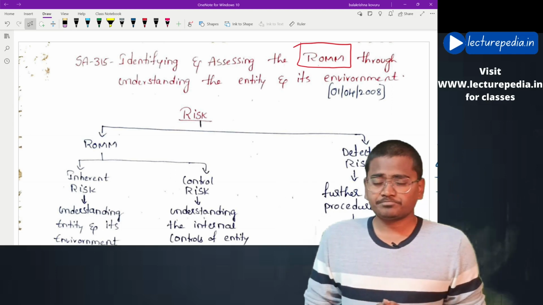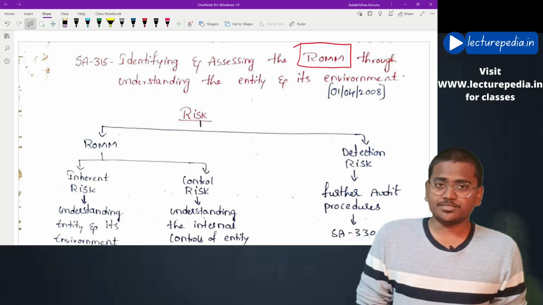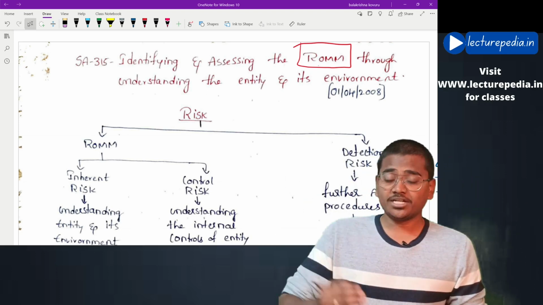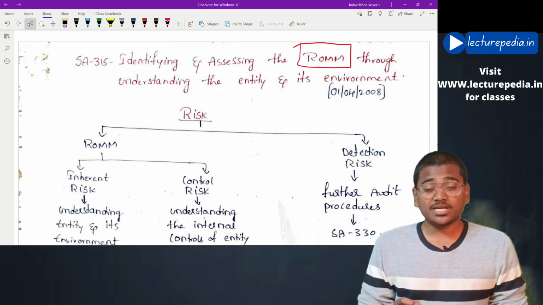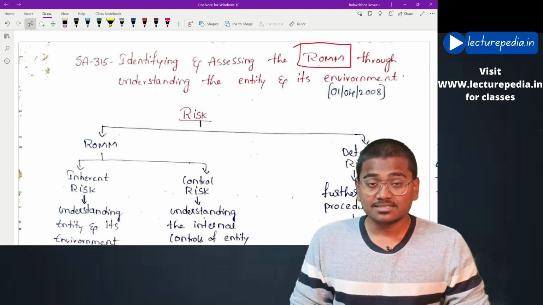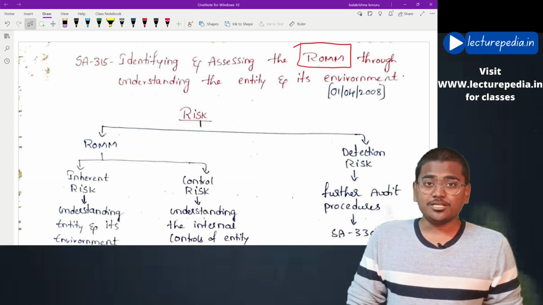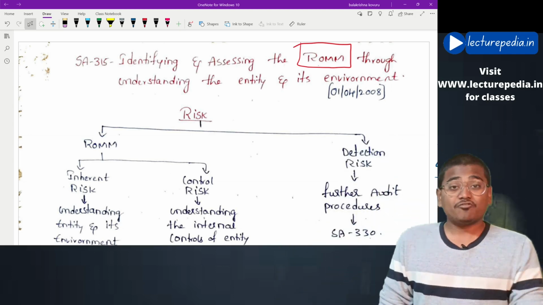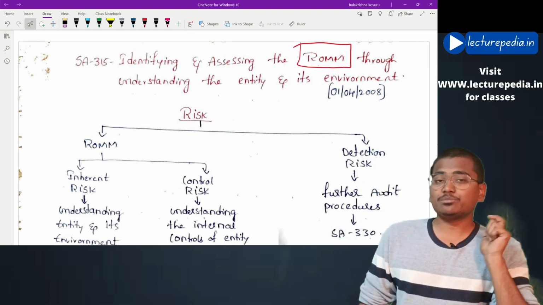Basically, there will be a huge number of transactions in the entity, and auditor will not be in a position to audit or to verify all these transactions. Thereby, auditor will conduct risk based audit. That is the reason why before conducting audit of financial statements, first of all the auditor will identify the risk of material misstatements.